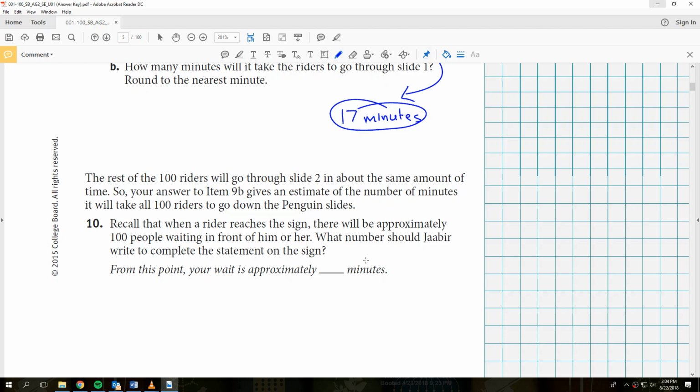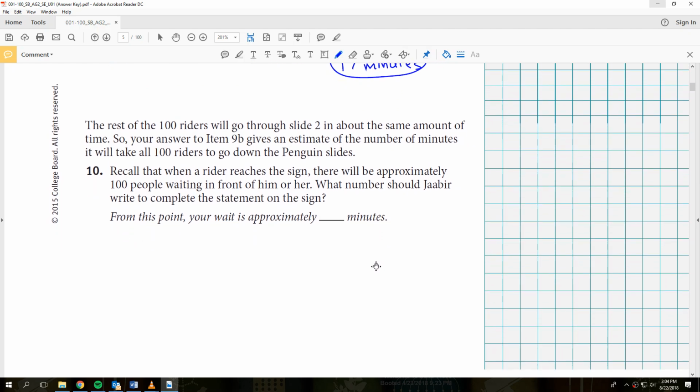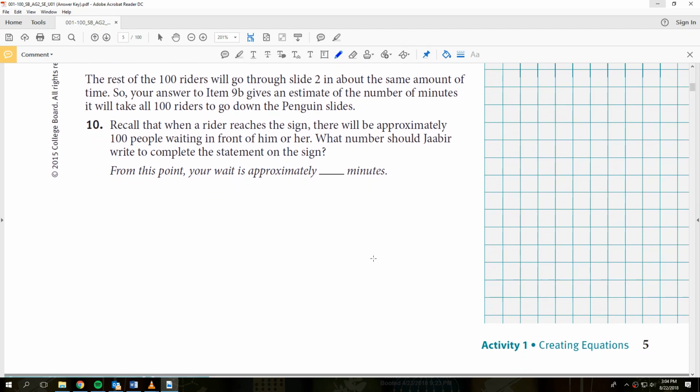What should Jabir write to complete the statement on the sign? If it's going to take 17 minutes for slide 1 and 17 minutes for slide 2, but remember they can go down at the same time, since they're two different slides, then it should take approximately 17 minutes.